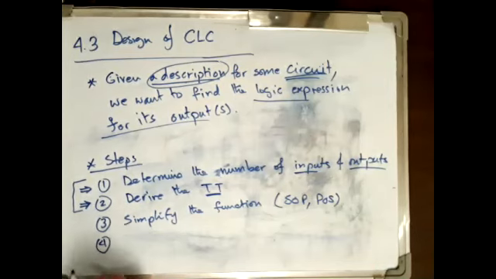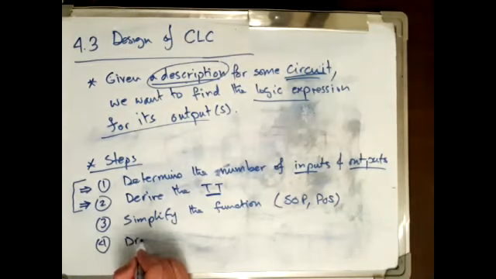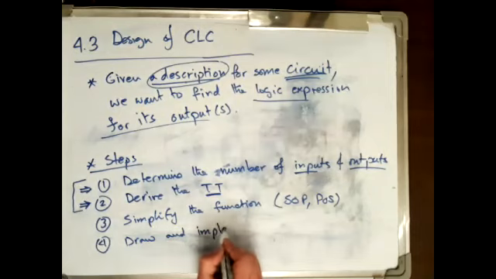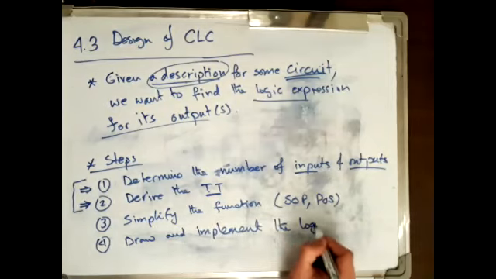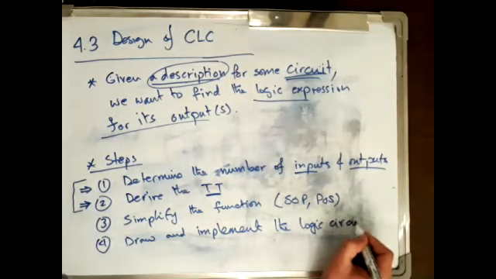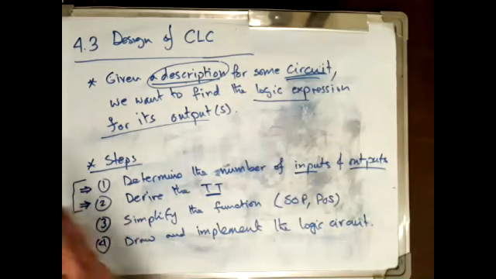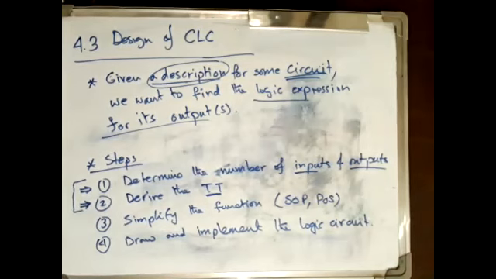Number 4, the last step, is that once we have the logic expression, we can simply draw the circuit and implement it, bring the components and wire them up in order to implement the circuit physically and use it physically.